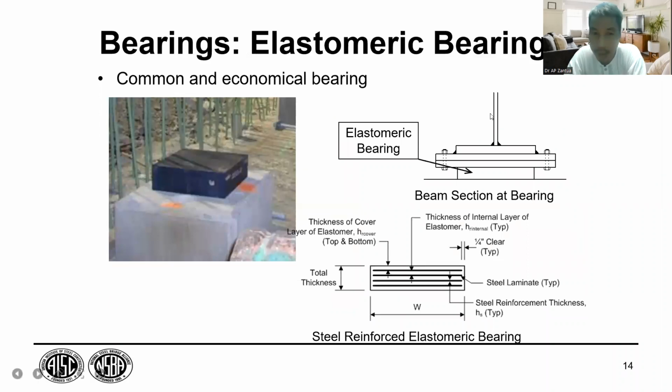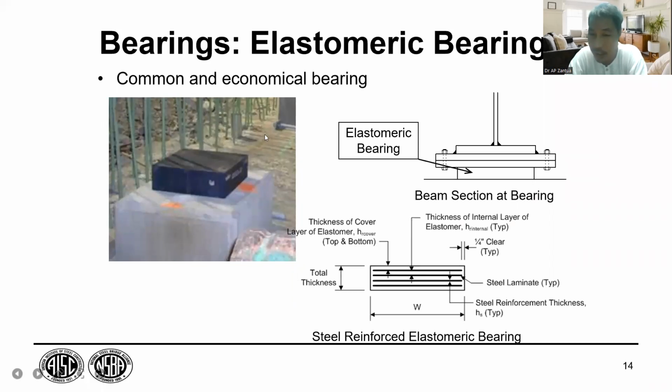So elastomeric bearing. This is what we mean by elastomeric bearing. Meaning this is not concrete, this is not steel. This is plastic, a very hard type of plastic. The material is elastomeric, a very hard type of plastic material.